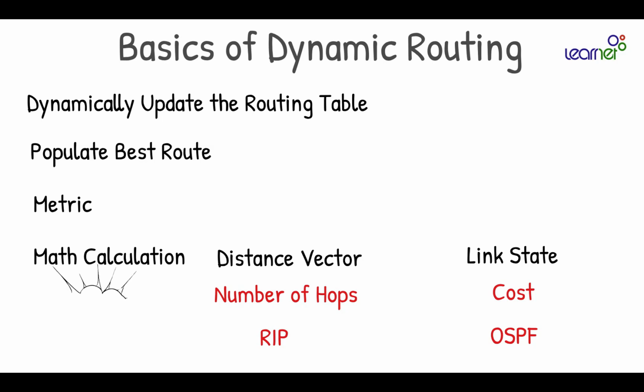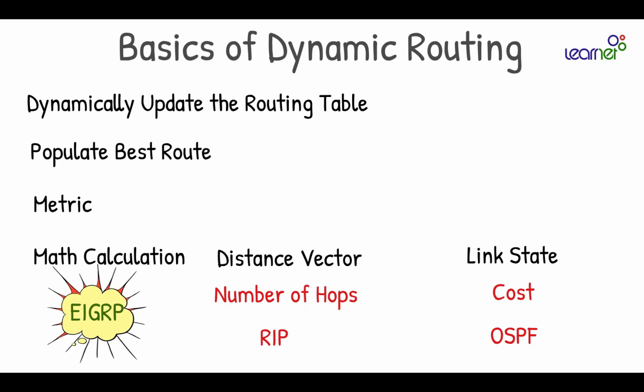And EIGRP, which was originally Cisco proprietary, but Cisco released its details in 2013, and which stands for Enhanced Interior Gateway Routing Protocol, is a bit different.